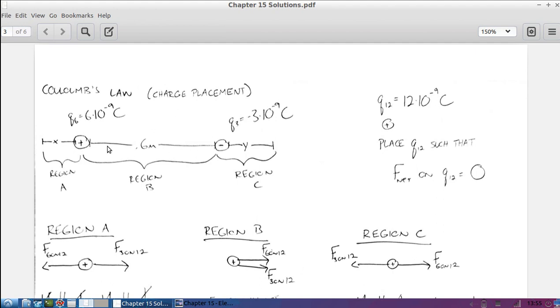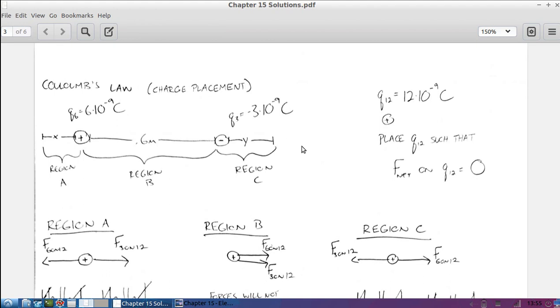They're separated by a distance of 0.6 meters. In one dimension, there are 3 possible regions where I could put this 12 nanocoulomb charge. I could put it to the left of the 6, in between the 6 and the negative 3, or to the right of the 3.